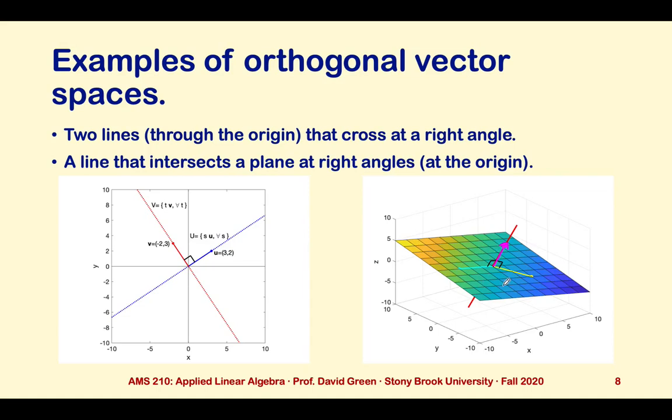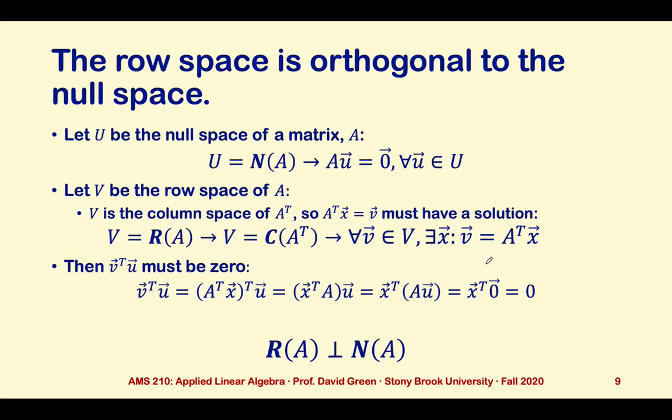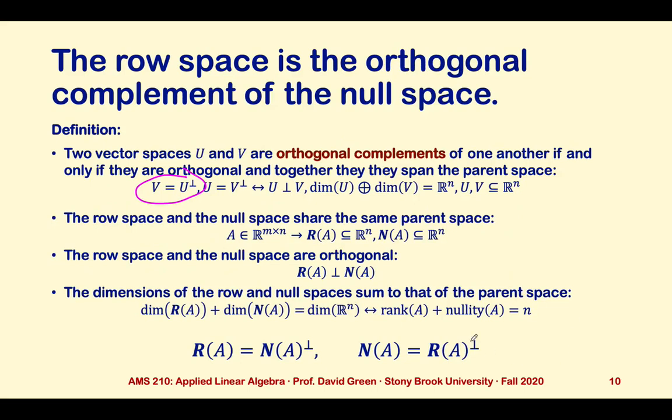We need to be orthogonal, and the vector spaces have to be big enough that they generate the whole space. Okay. So this gives us a result here that the row space is the orthogonal complement of the null space, and of course the null space is the orthogonal complement of the row space.